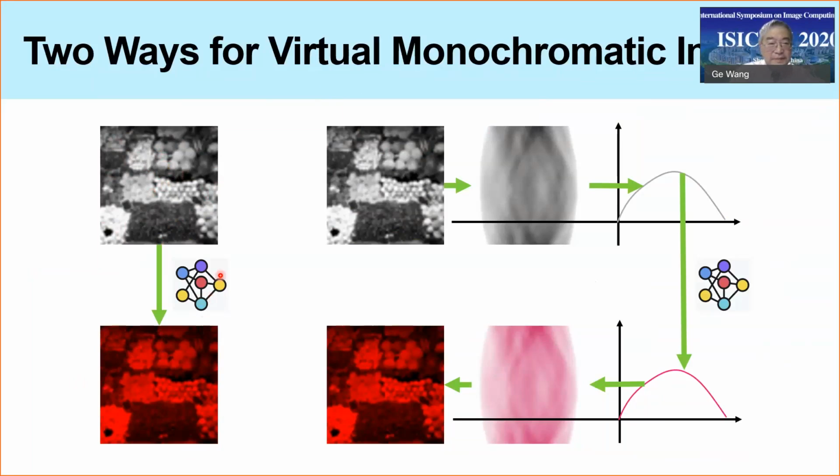There are several similar papers in this domain. On the other hand, we could do this. So this is an imperfect image. You can just use ray tracing, get a sinogram, and for each viewing angle, you get a projection profile. Because the image is not accurate, this projection profile is not accurate either.